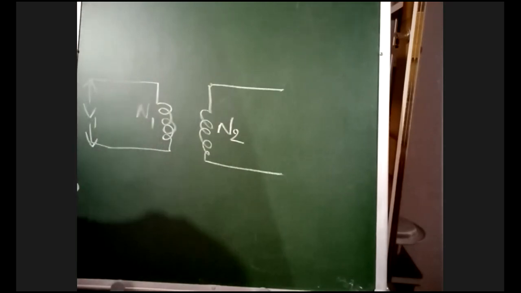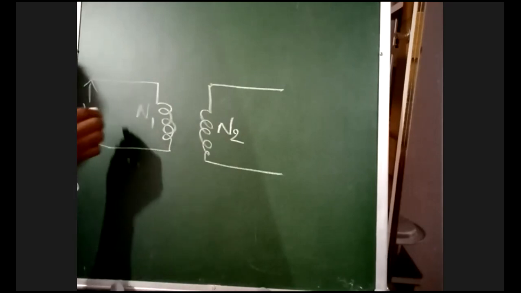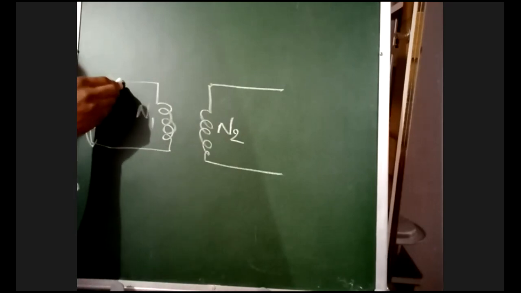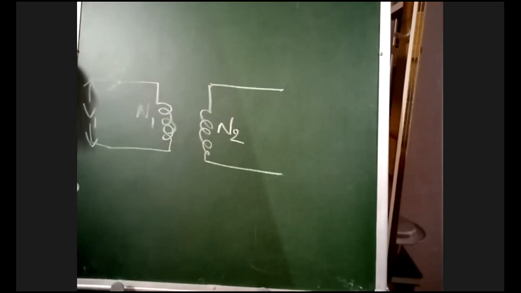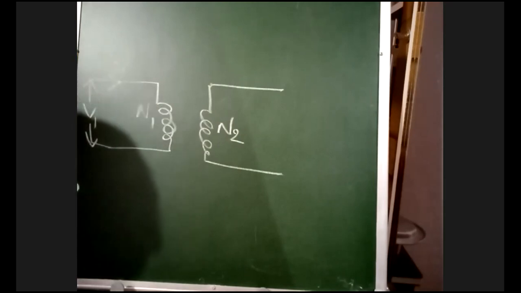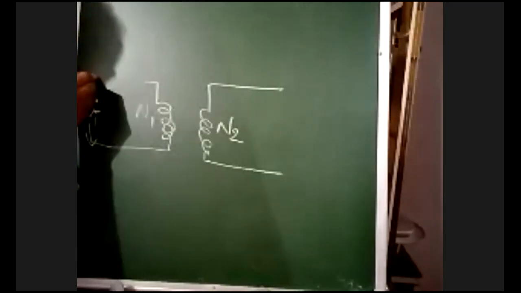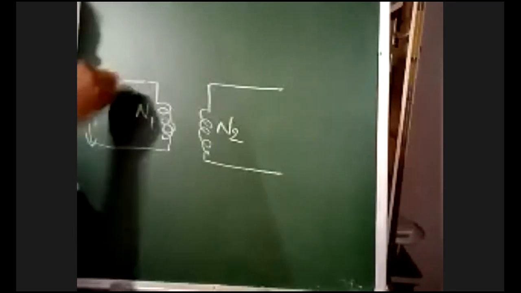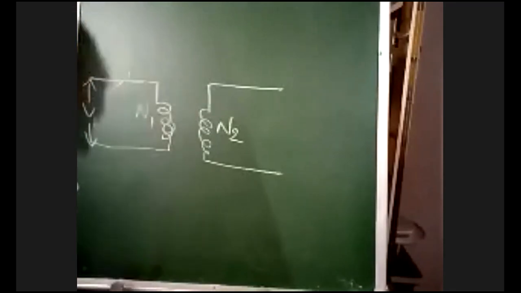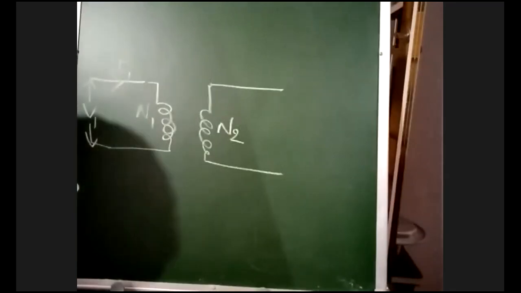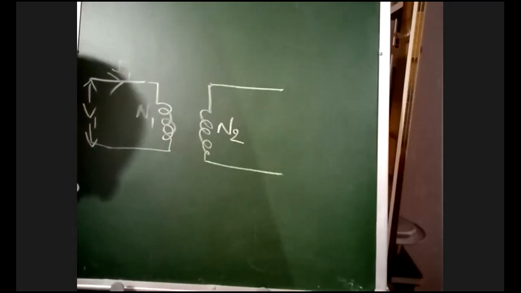When you apply the supply voltage V1, your current is passing. Is it visible? Yes, sir. Your current I1 is passing through this winding.